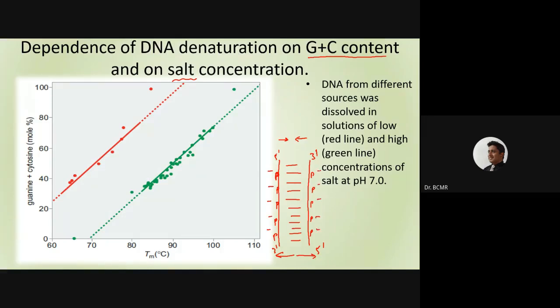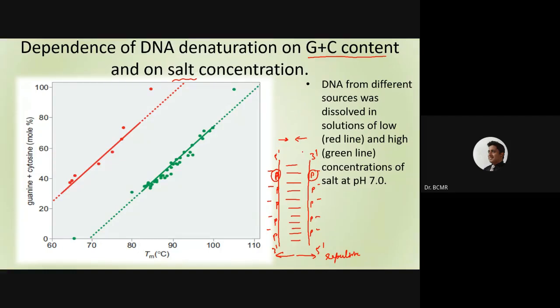And if these two strands come close together, the negative charge on this phosphate and the negative charge on the opposite phosphate here, that is the repulsive force, right? That is the one that is trying to keep the two strands separate, because they both have negative charges.